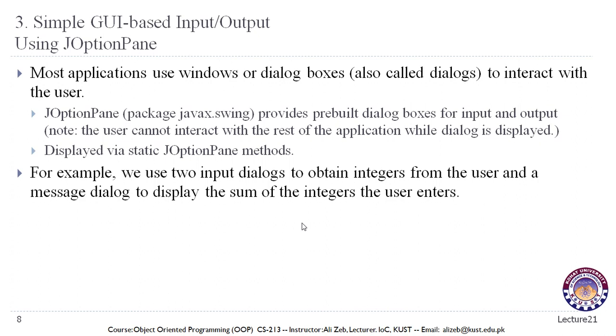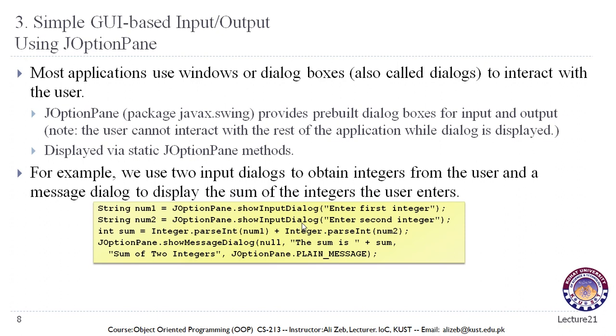So we'll work on an example where we take input from the user, and we'll see how JOptionPane works. We will display the sum of those two integers to the user. For example, JOptionPane.showInputDialog is a static method, so we can call it with the class name JOptionPane.